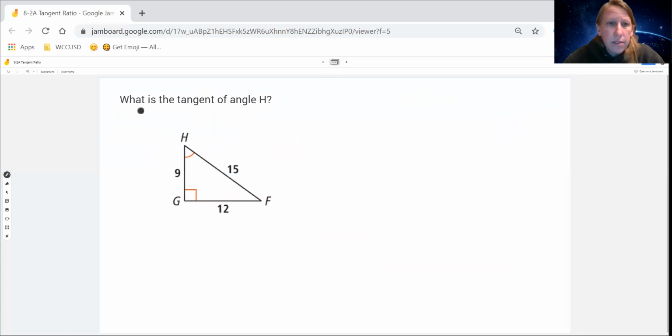Okay, so let's practice. What is the tangent of angle H? Angle H is right here. I'm going to put a star next to angle H. After that, I'm going to label the sides because Ms. Bliss told me to. Where is the opposite side? If this is the angle I'm interested in, the opposite side is over here.